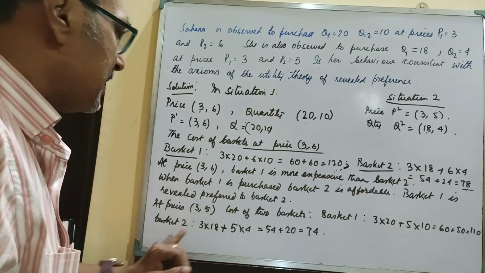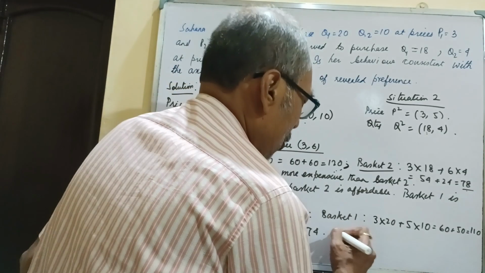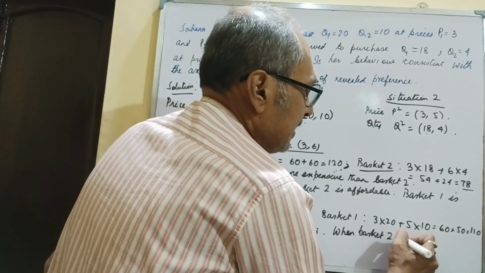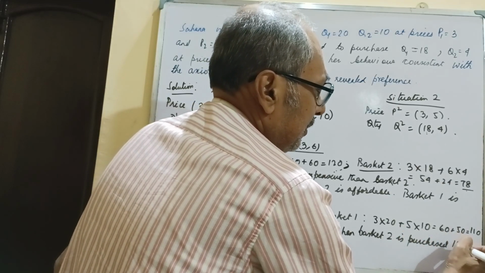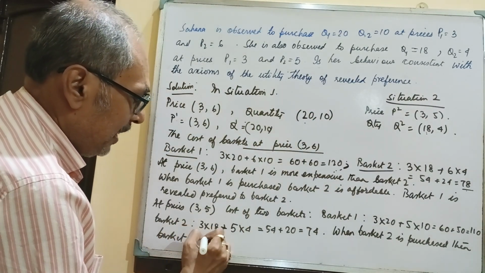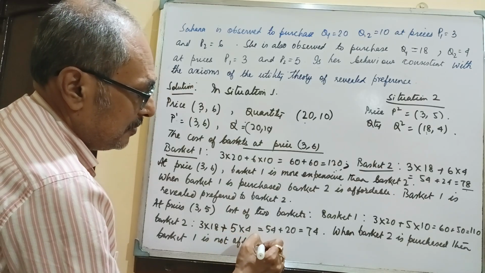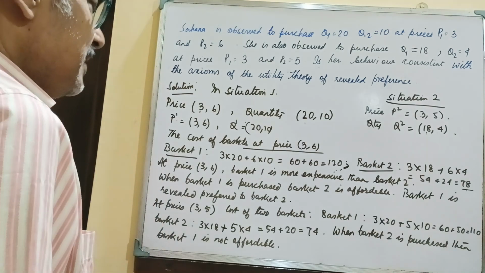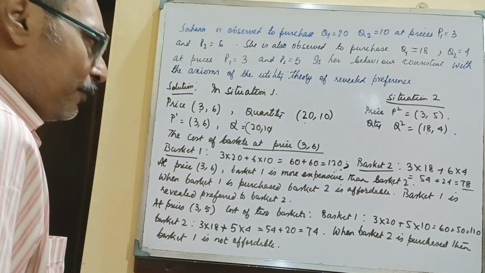That means when basket 2 is purchased, basket 1 is not affordable. That means basket 2 is not revealed preferred to basket 1.